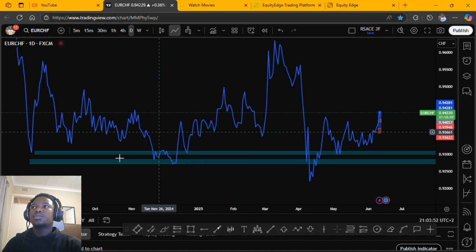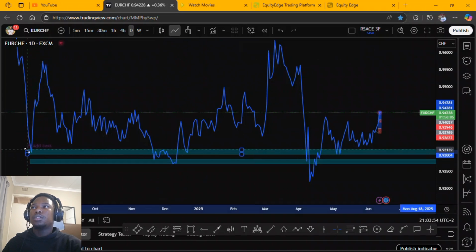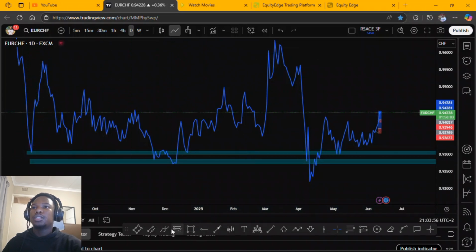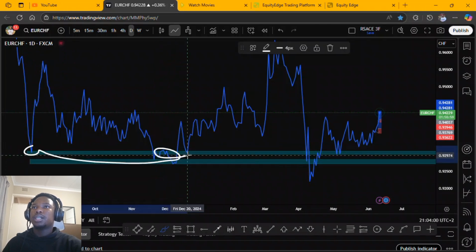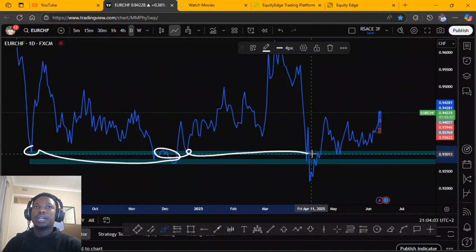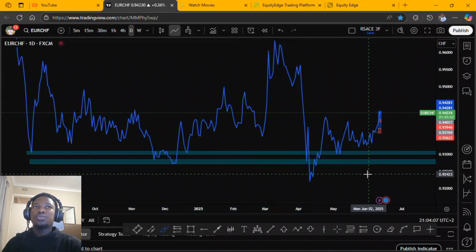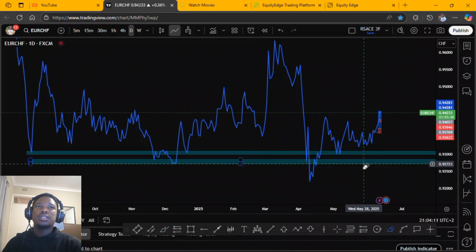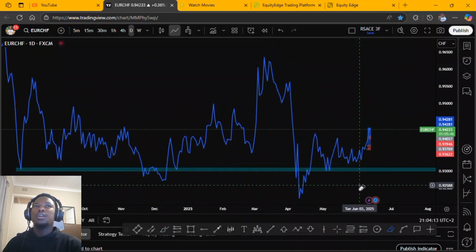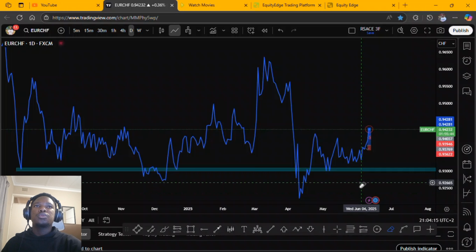We also have another zone of which we can see that the market rejected many times. And also here there's a pullback, there's also a pullback here, and then a double bottom here. So since we now have this new area, I'm just going to erase this one because we're no longer going to use that one.